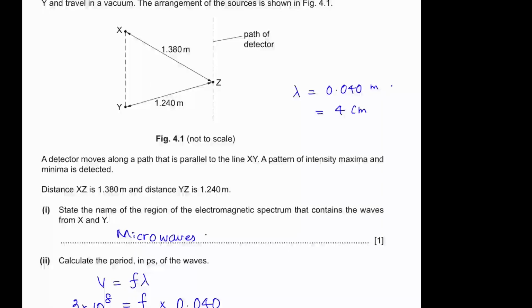So this is the frequency. The time period will be 1 over frequency, which is 1 over 7.5 into 10 to the power 9 seconds. To convert seconds to picoseconds, you need to multiply by 10 to the power 12.